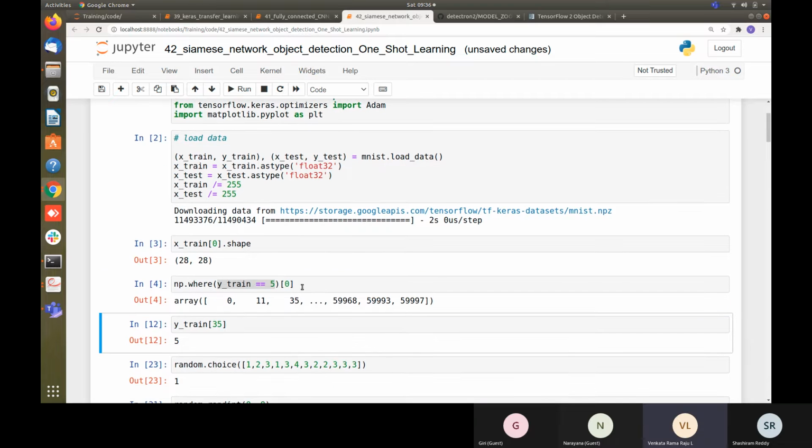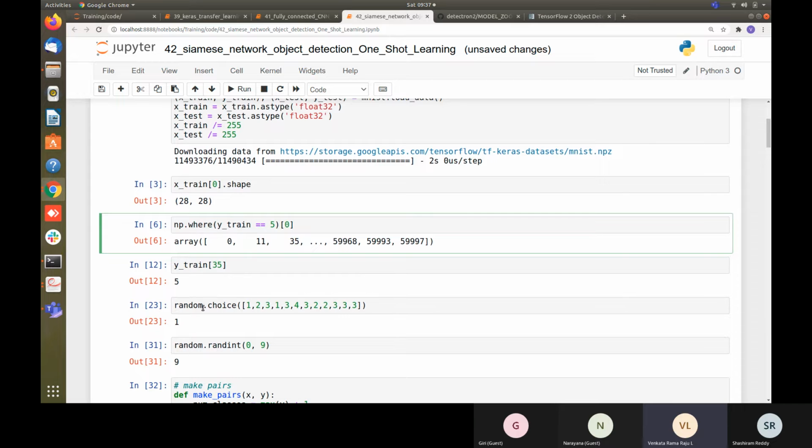It gives you all the indexes. where gives you a tuple containing an array of indexes, and there is nothing in the second element, so I accessed index 0 because I wanted the array of indexes where 5 is present. I have taken one example, 5, the y value 5.